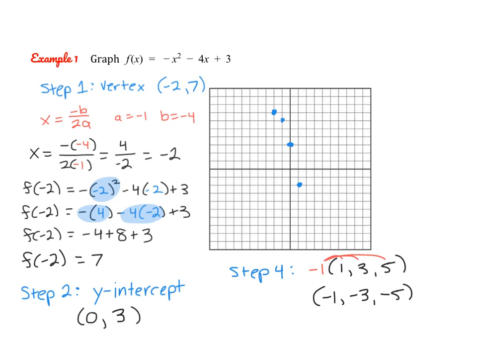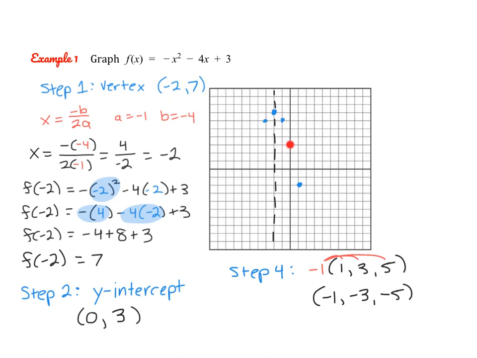And now I know that since my axis of symmetry is always right through my vertex, all of these points are going to be reflected onto the other side. So just to show you guys, here's my axis of symmetry. So now I can reflect those points. This coordinate is 1 unit away, so I'm going to go 1 unit away on the other side.